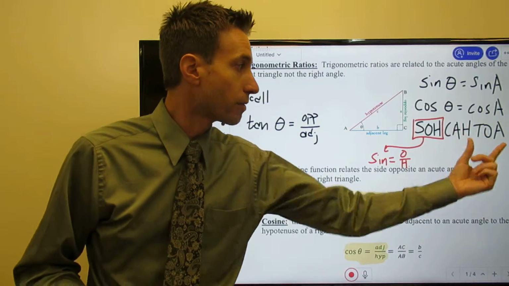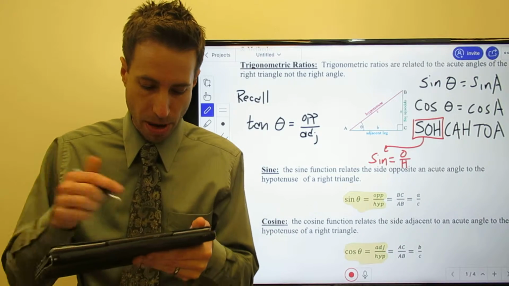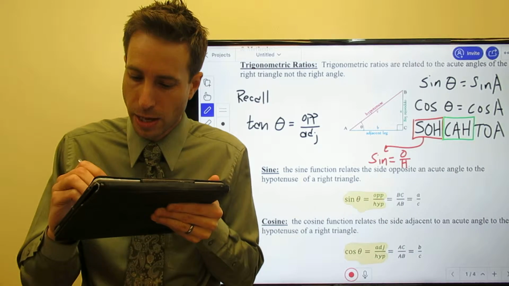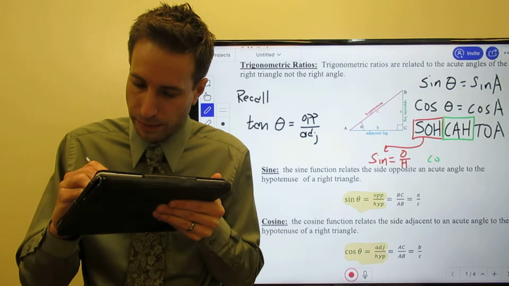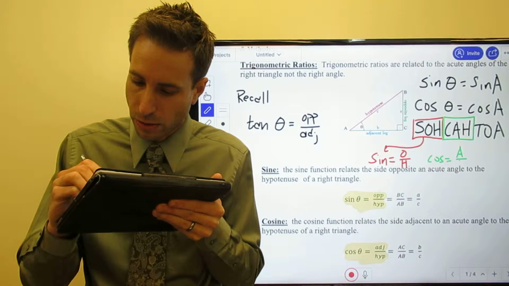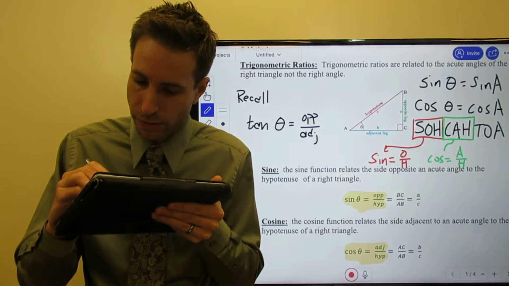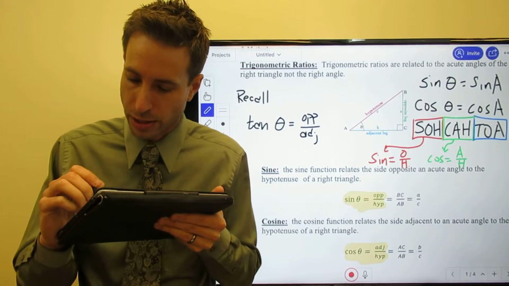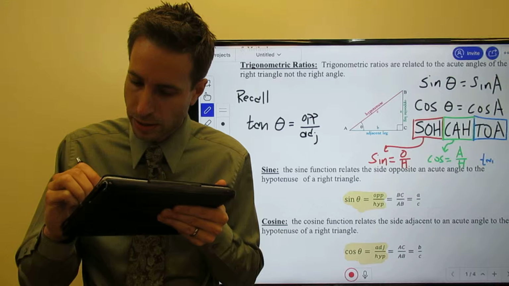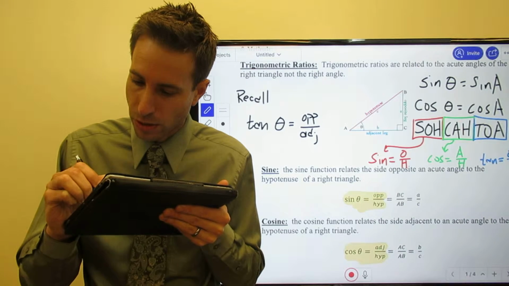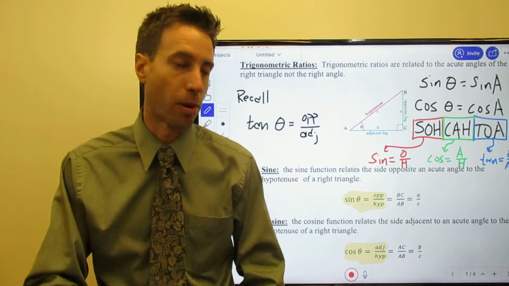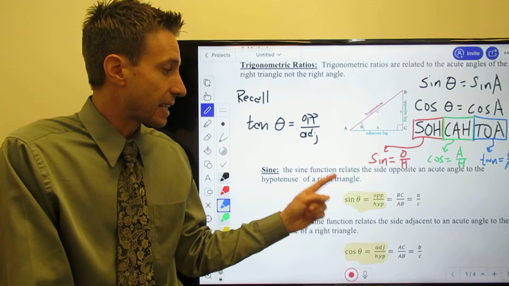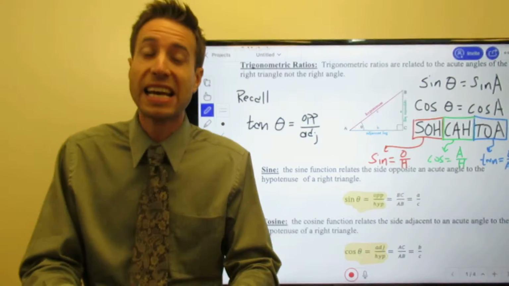Then we have the CAH part of SOH-CAH-TOA. That's cosine is equal to adjacent over hypotenuse. And then the TOA part of SOH-CAH-TOA would be tangent is equal to opposite over adjacent. So simply remembering SOH-CAH-TOA should hopefully help you keep these trig functions straight.